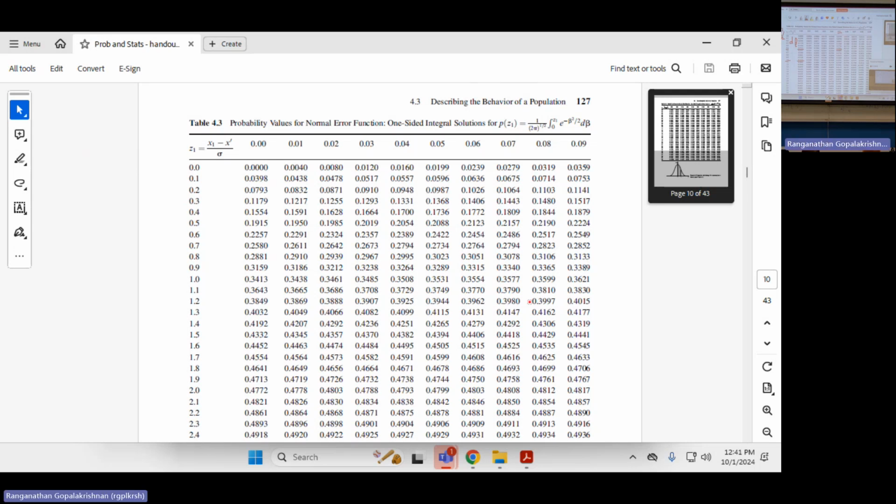And what is the value of this integral from the lookup chart? If I want 0 to 1, it's 0.3413. So this is 2 times 0.3413, or this is 0.6826.